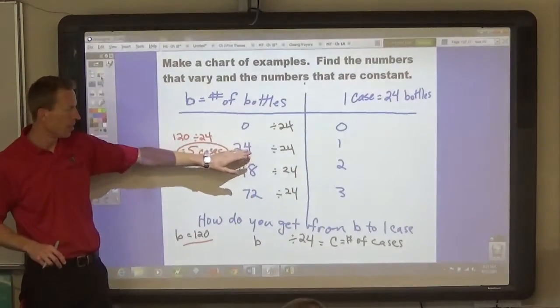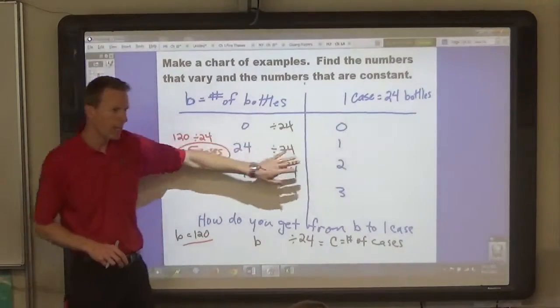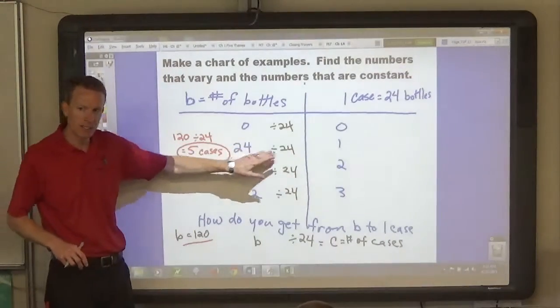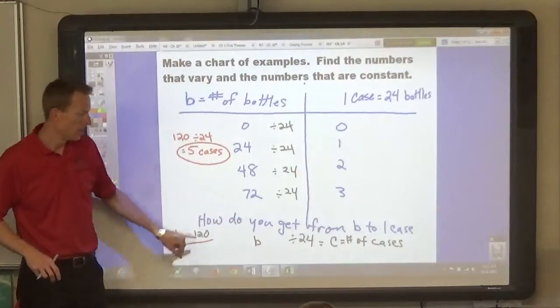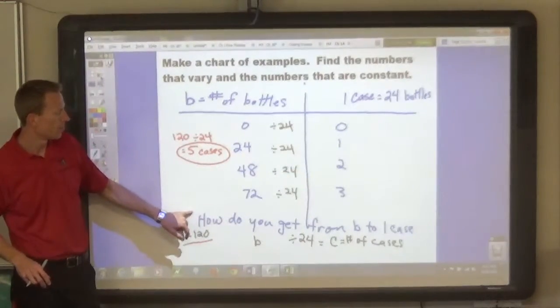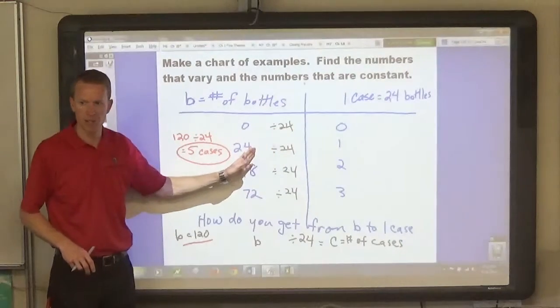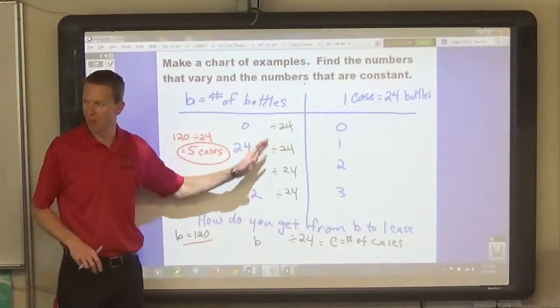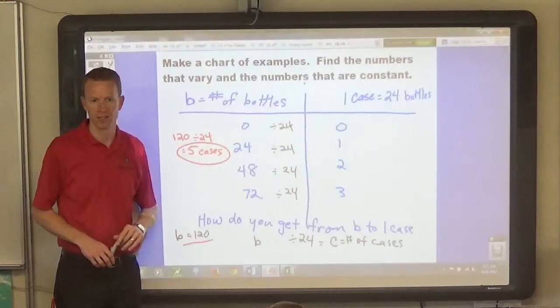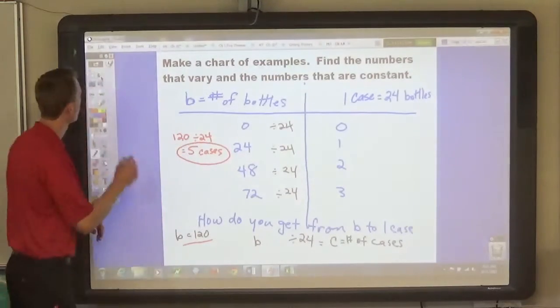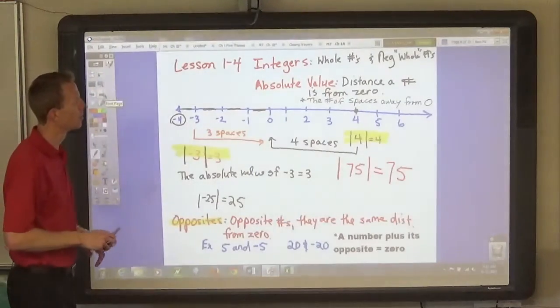Okay? And always look at how do you get from one side to the other side? Right? How do you get from one side of the chart to the other side? You have to add something, or subtract something, or multiply or divide. Okay? And we talked about those.